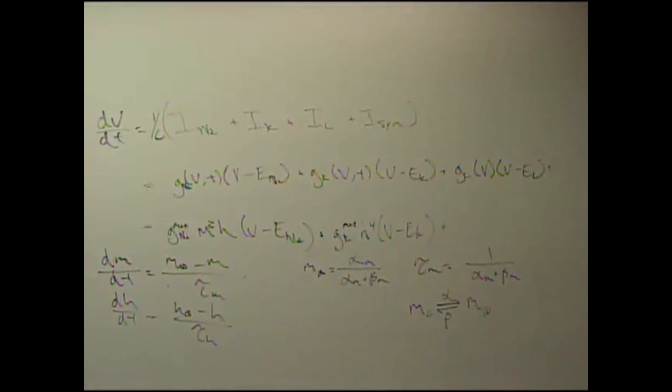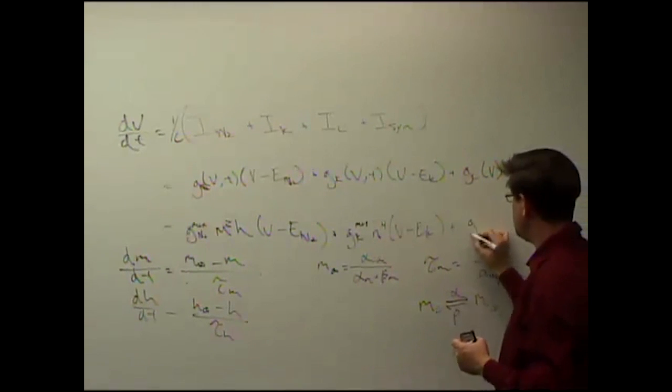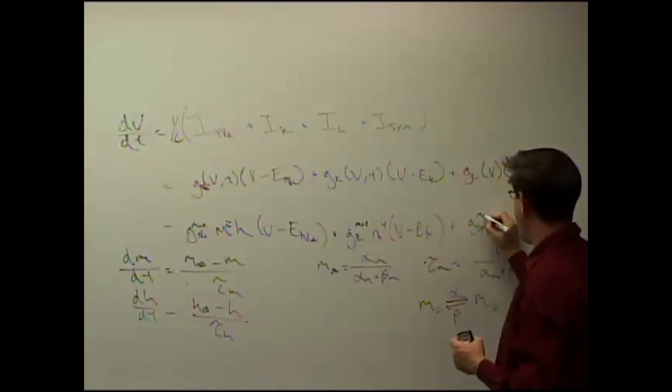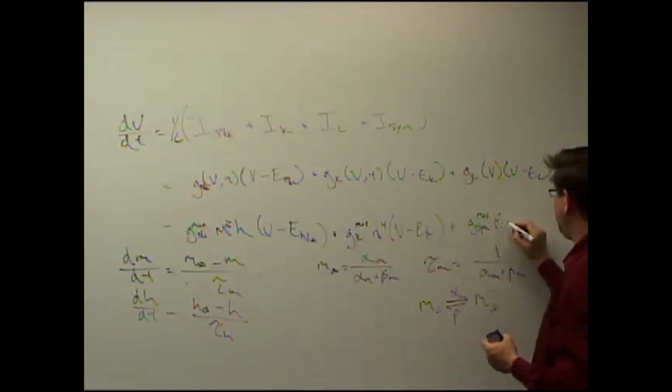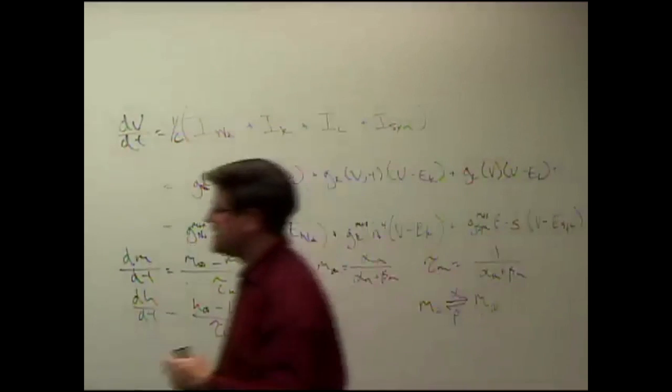I'm actually going to put in something like a g_syn_max, and then a gating variable, which I'm going to call f, times s, times V minus E_syn.